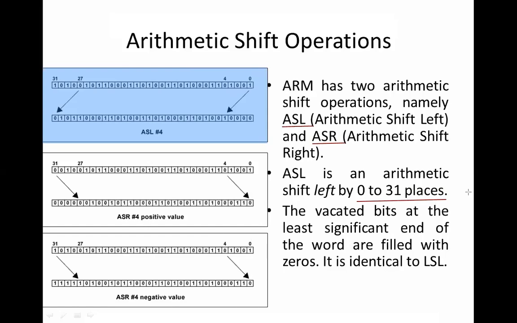It is the same as with the logical shift. When I do a shift left, 4 places are shifted. We will look into how this arithmetic shift and logical shift are different.